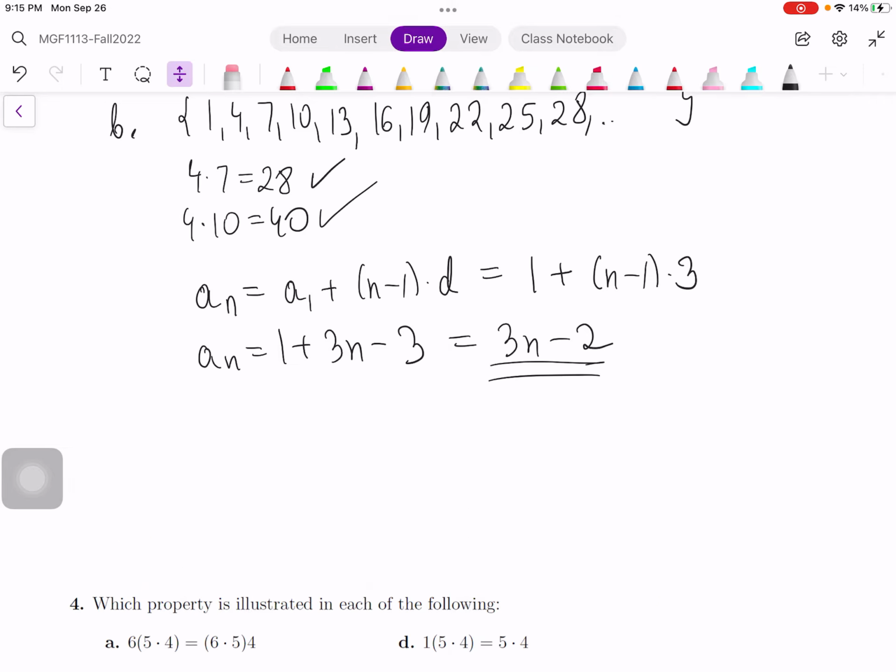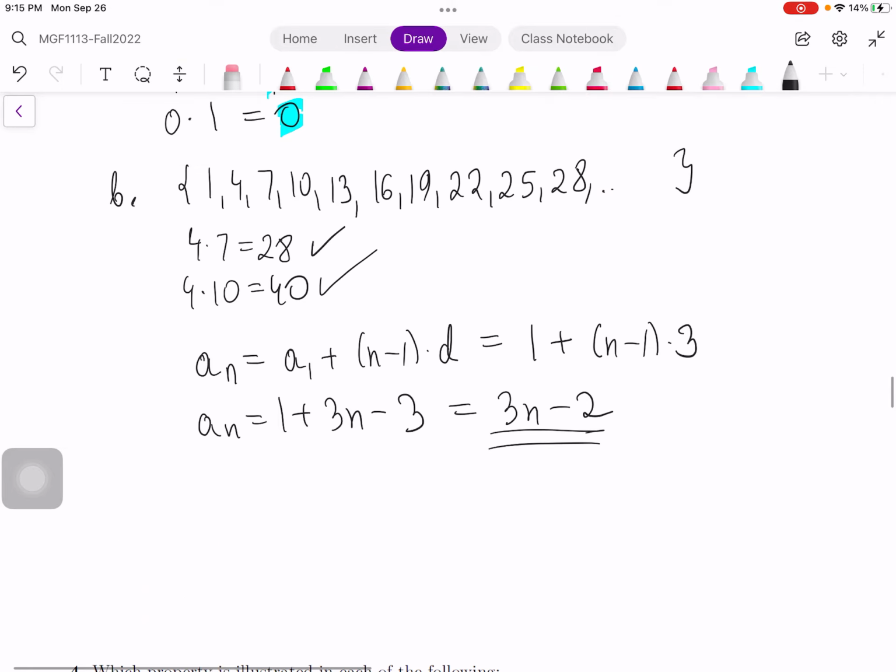So the question is, if I have arbitrary two elements from the set, let's call one of them 3n1 minus 2. Maybe one more time: what I discovered is that any element from the set is of the form 3n minus 2, where n is some natural number.